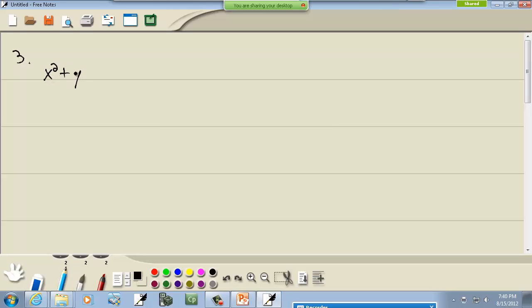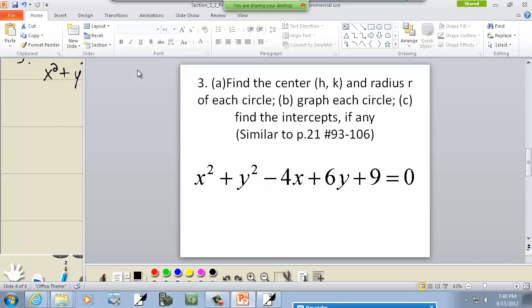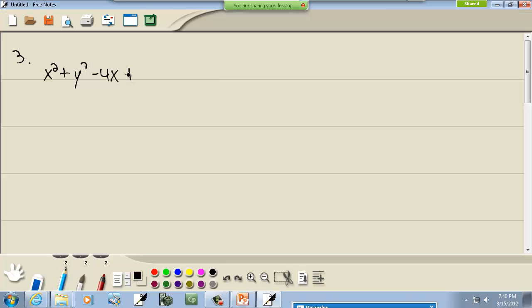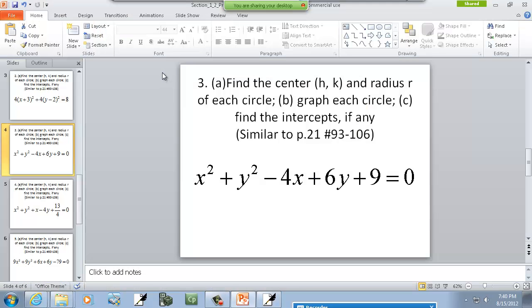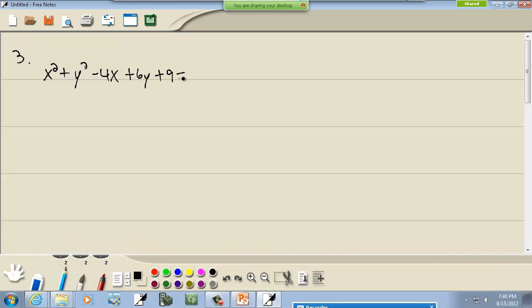Got x squared plus y squared minus 4x plus 6y plus 9 equal to 0. Well, first thing we have to do is put this into standard form. So let's do that. Now this is in our general form, and we want to put it in standard form.